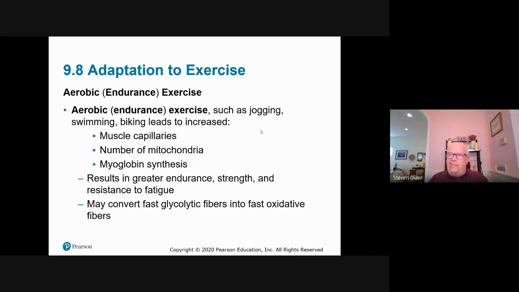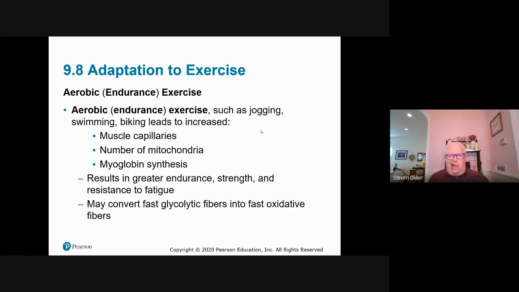And as you remember from the earlier chapters, the mitochondria is where you produce ATP. Mitochondria are energy organelles inside the cell. And you also synthesize the protein in muscle that carries oxygen. That protein is myoglobin. Myo meaning muscle, globin meaning protein, muscle protein. And that is what carries the oxygen in your muscle.